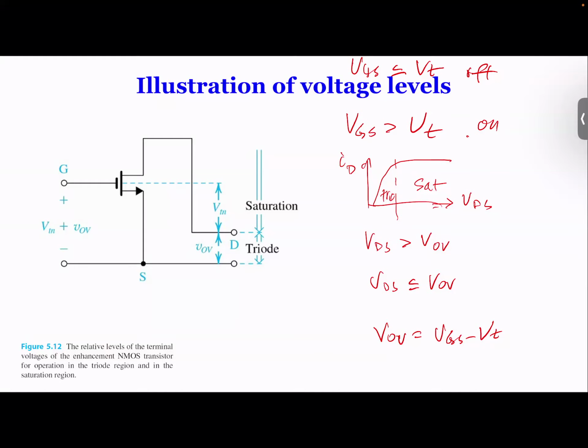If VDS is larger than VOV, you have the saturation region. If VDS is less than VOV, we call this the triode region.